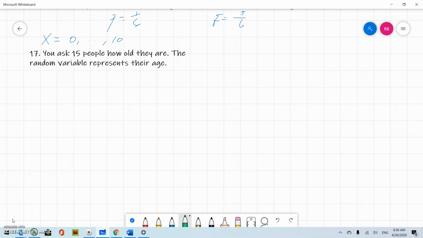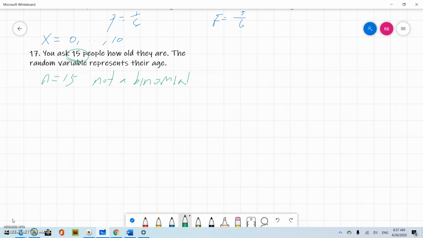All right, 17. You ask 15 people how old they are. So this is good that you have n, but how are you going to set this up as a binomial? How old they are? I wouldn't consider this a binomial, just because if you said something like, you want to ask 15 people and count how many people were 18 years old, then everything else would be considered as failure.